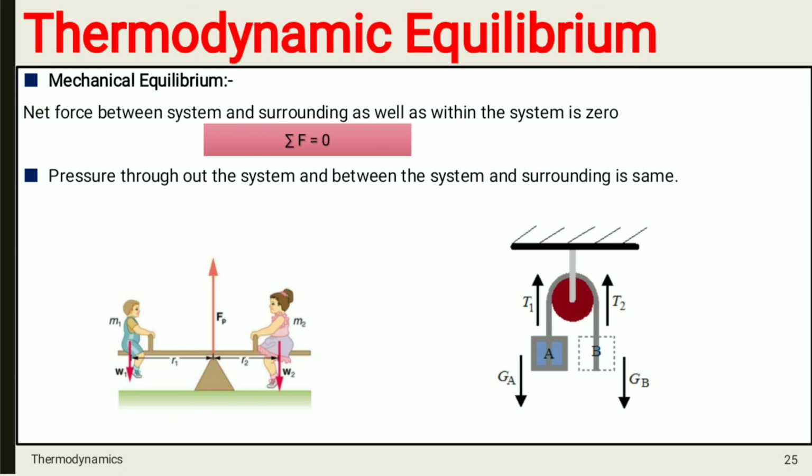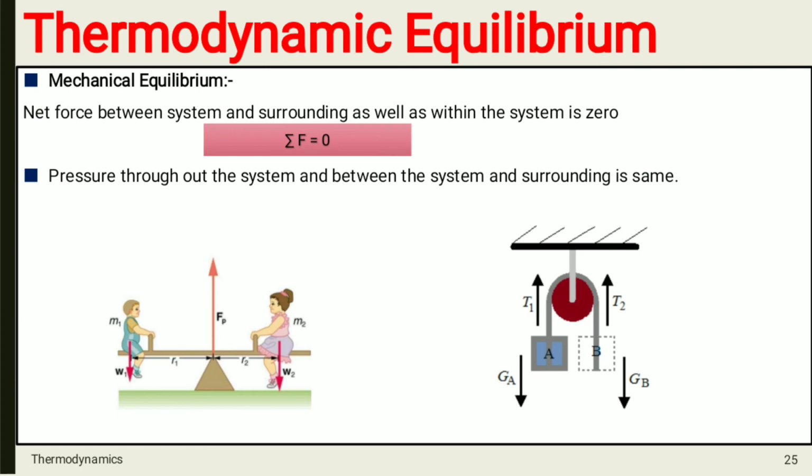That is why that seesaw is not moving up and down. Just like that, in the pulley, the net force acting on the pulley is zero. That is, the gravitational force due to masses A and B is equal to the tensions T1 and T2 in the string. And because these two forces get balanced, the pulley is not moving.